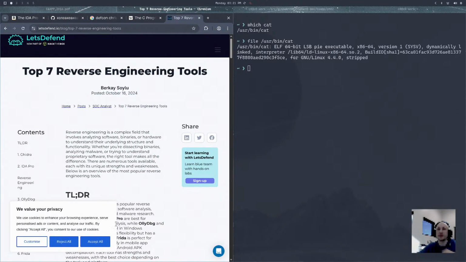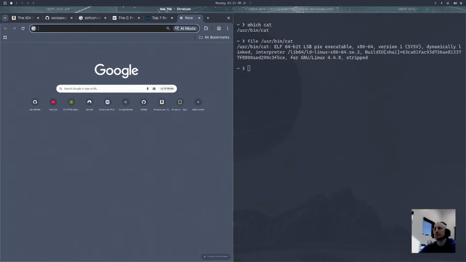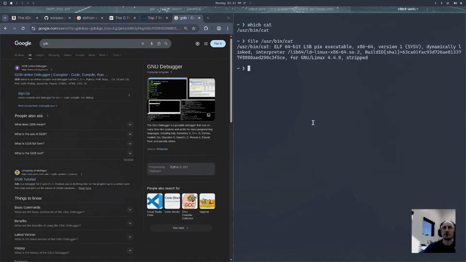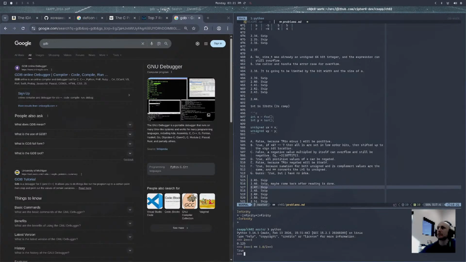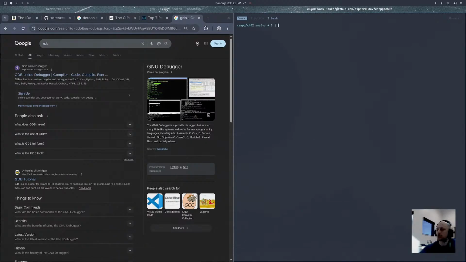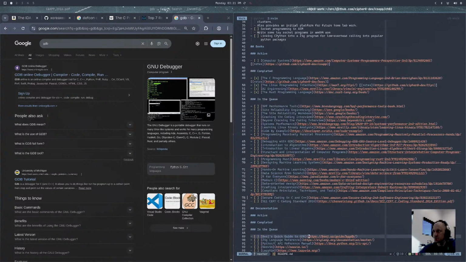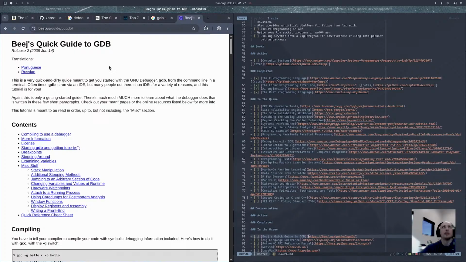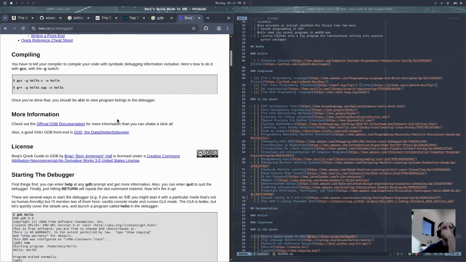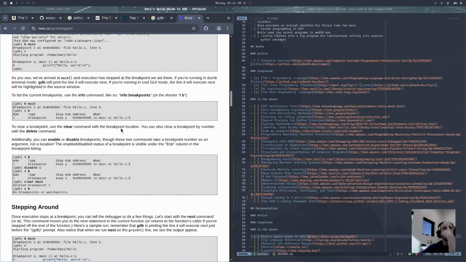I mean, GDB as well. I actually have this. If you jump over to learn log, and then Vim, README, GDB. I found this thing, which is Beej's quick guide to GDB.